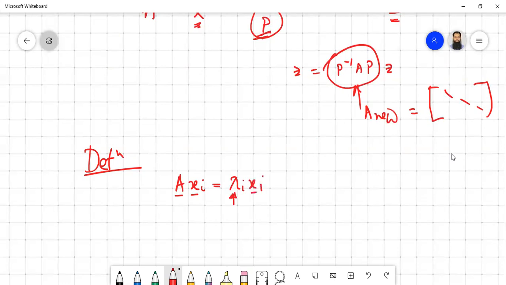Okay, so this is the relationship. If it holds true, then we call those xi the eigenvectors.